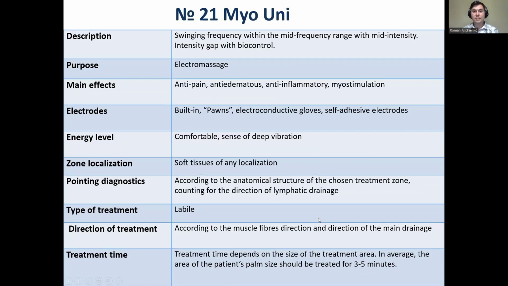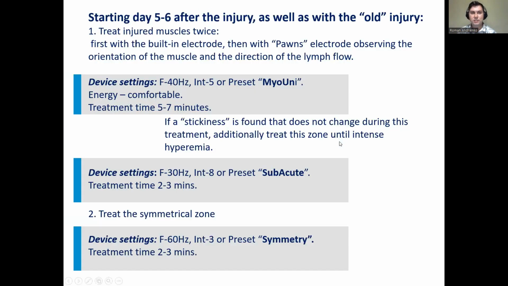Number 21, universal myostimulation. Electric massage applicable to any kind of situation. All the same guidelines, but this preset is more universal than the previous ones.